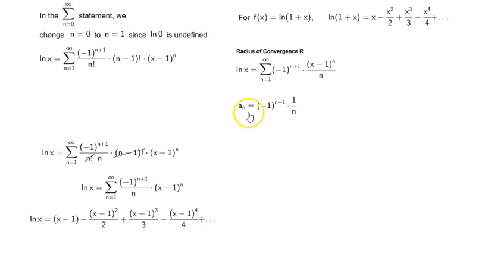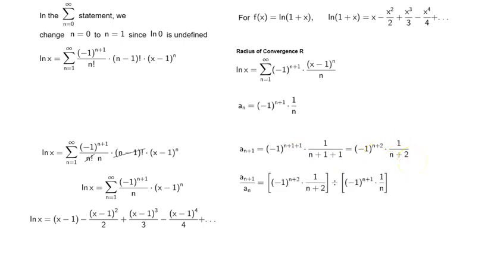We take an is equal to minus 1 to the power of n plus 1 by n. And we take the next term, an plus 1. So an plus 1 is equal to minus 1 to the power of n plus 2 times 1 by n plus 1.